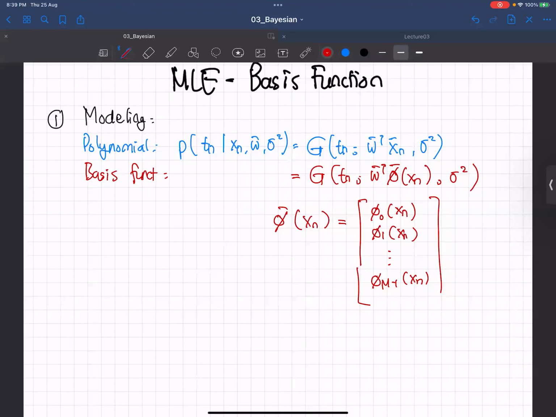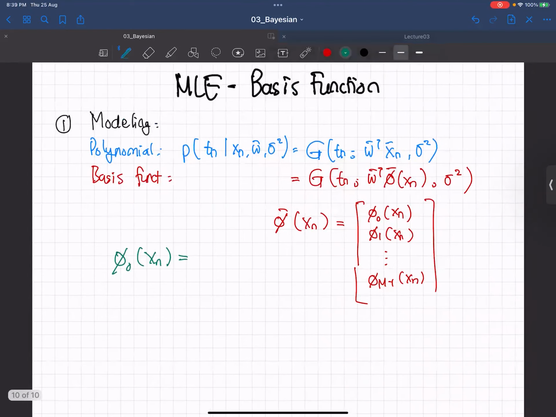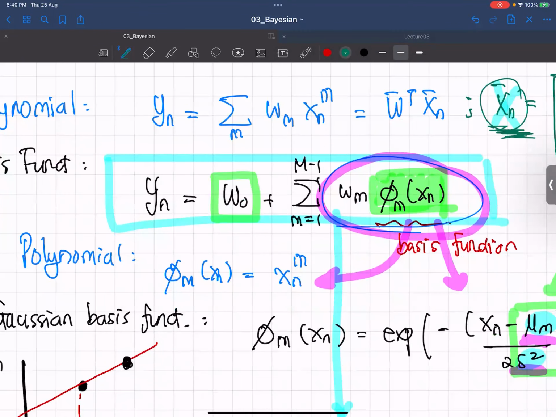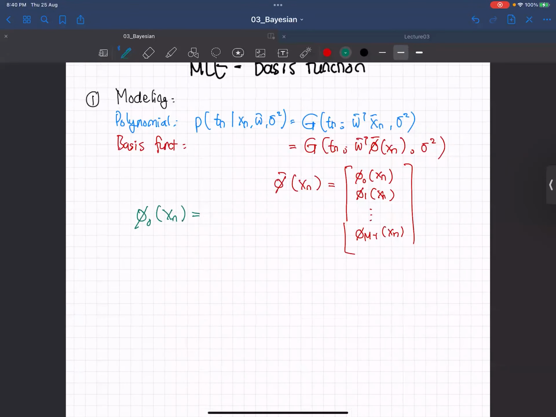Now, what is phi 0 of xn equal to? Phi 0 is 1. So you have to be careful with this in your implementation. You have to remember that phi 0 is actually 1. And phi i, for any of 1 or 2 or 3, equals the exponential function of minus xn minus mu i, squared, divided by 2s square.